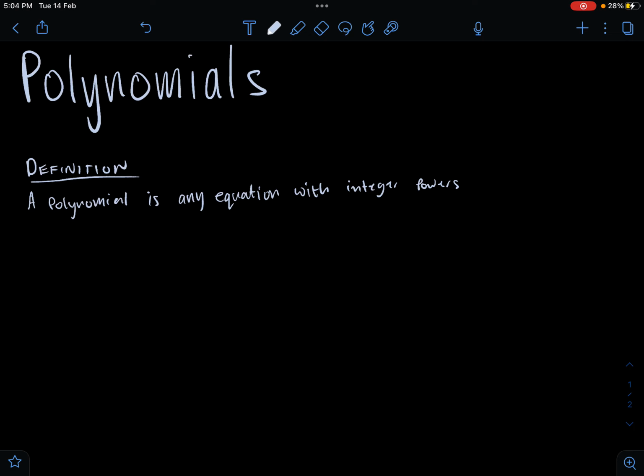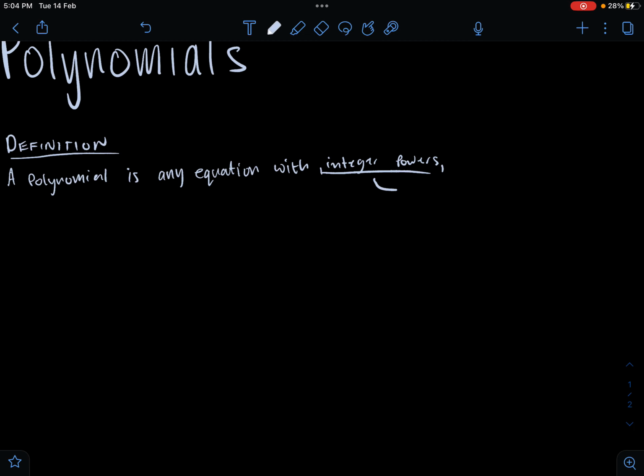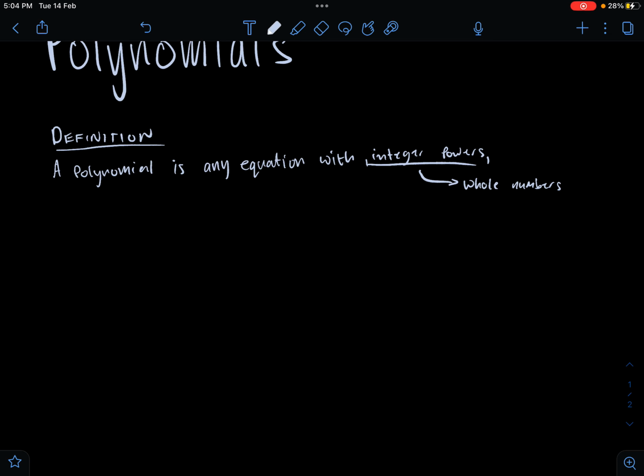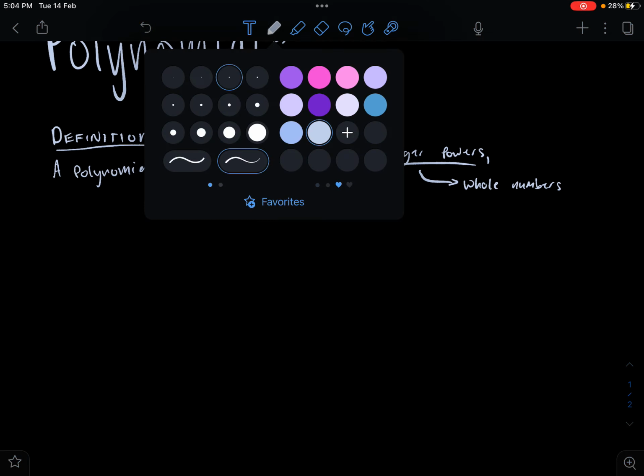So what this last bit is saying, integer powers, is just saying whole numbers.